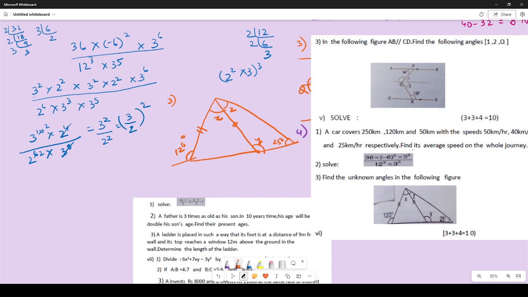So this angle will be 60 degrees. I do not know what is happening to my pen.